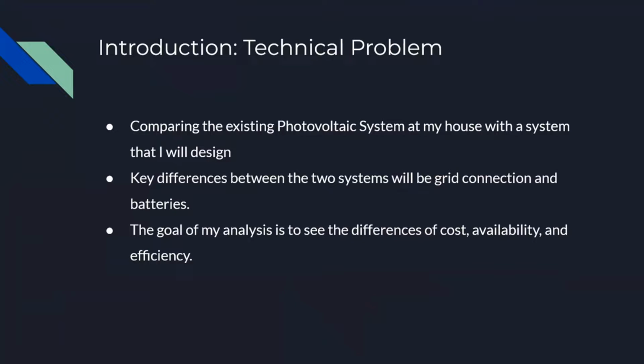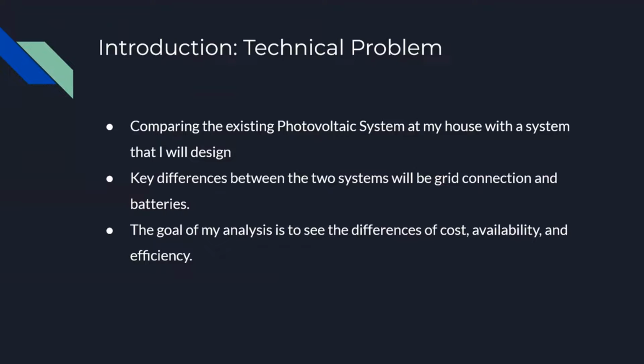So, introducing my technical problem for this project, I'm going to be comparing the existing photovoltaic system that is currently installed at my house with a system that I will design. Key differences that will exist between the two systems are grid connection and batteries.